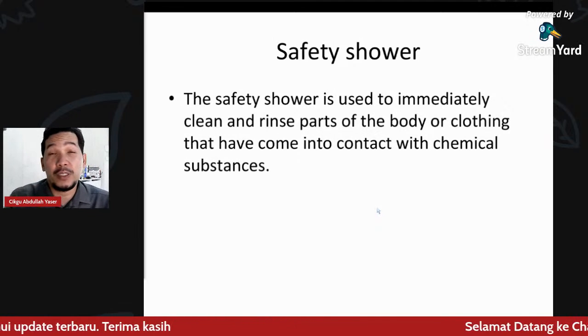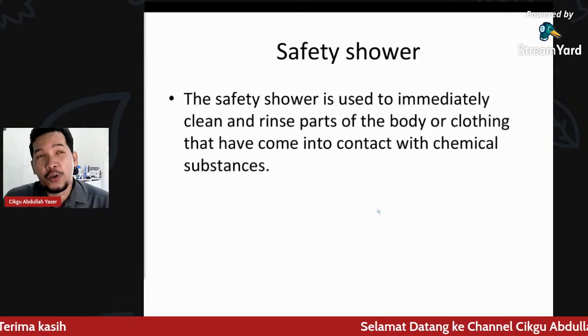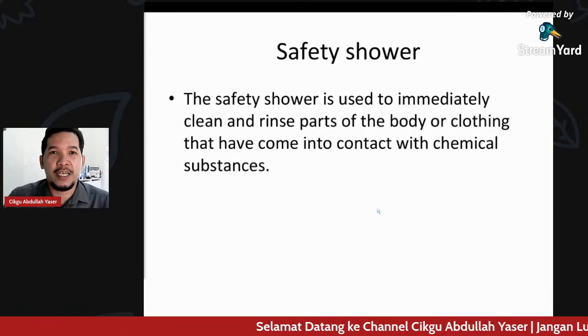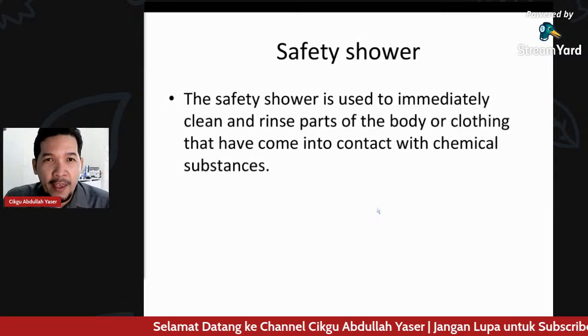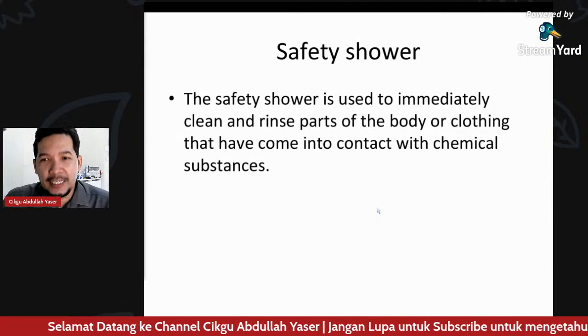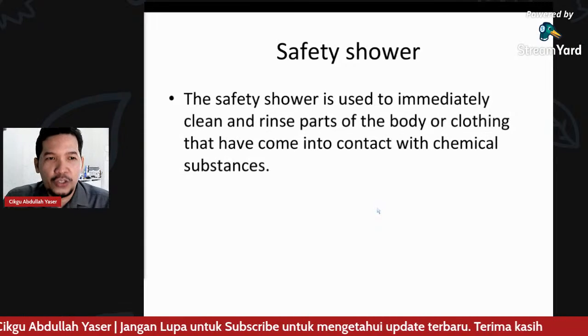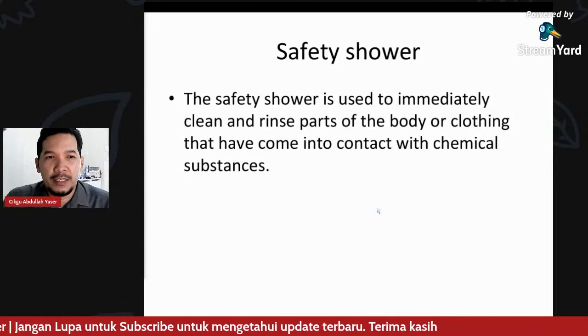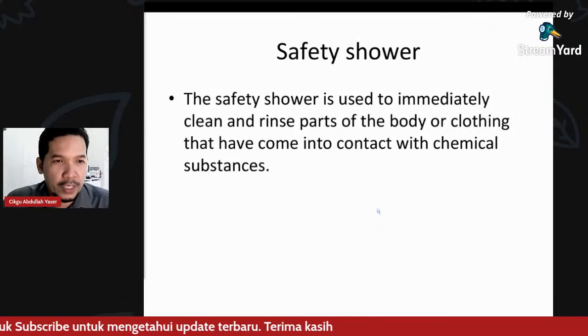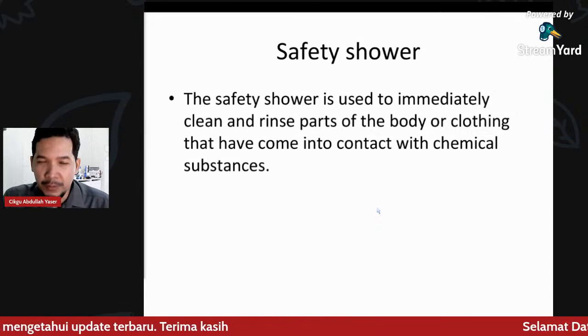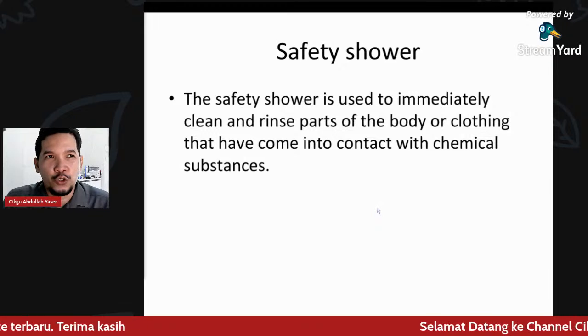For example, corrosive substances such as acid and strong alkali. That is dangerous, so we must immediately wash the part of the body or the clothing that has come into contact with a chemical substance such as a strong acid or strong alkali.